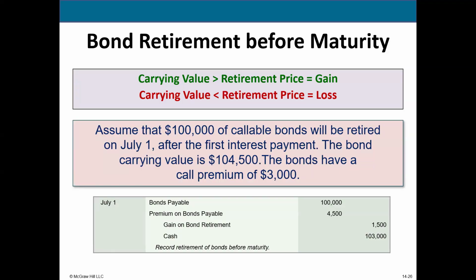And the way that this works is, if the carrying value of that bond is greater than the retirement price, meaning the cost of retiring the bond early, it'll be a gain on the retirement of a bond. If the carrying value is below the cost of retiring the bond, or paying the bond back, it's called a loss on the bond retirement.